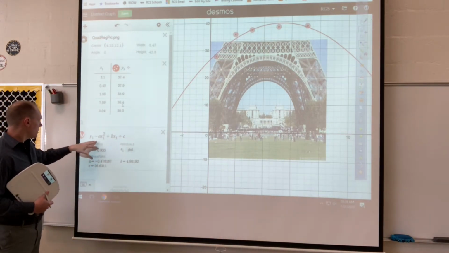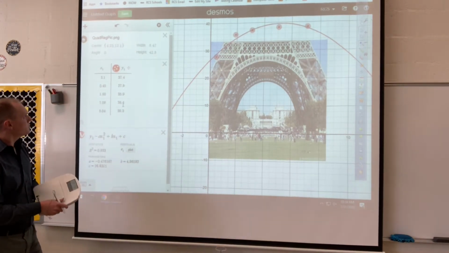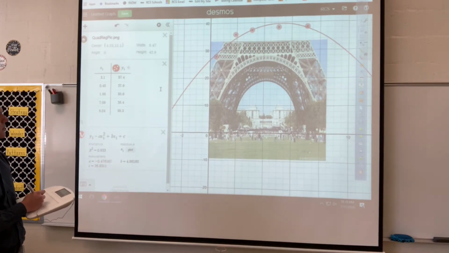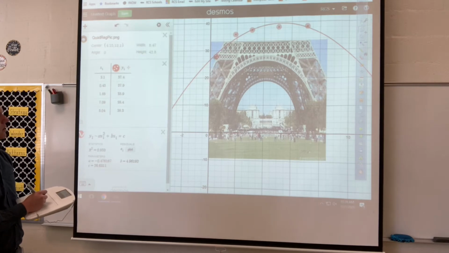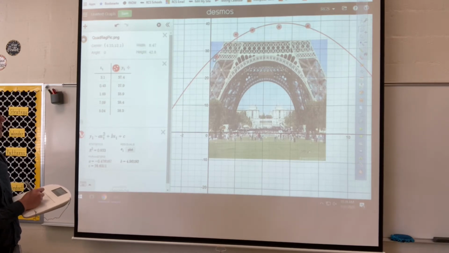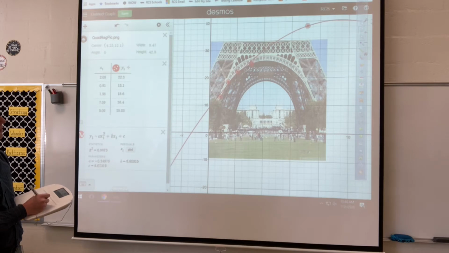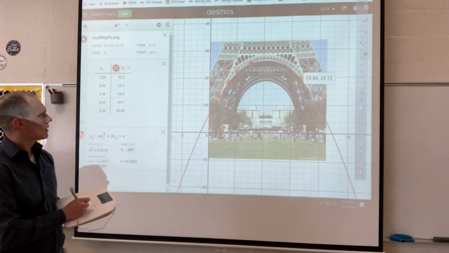Okay, so type that in, and then I've allowed these points to be moved. So if you hold this down and select drag, you can drag it. I'm going to move these points on this archway here, and let's see if we can come up with a quadratic that best fits this archway. So I'm going to drag these down, and obviously we're going to need to think about scale here.